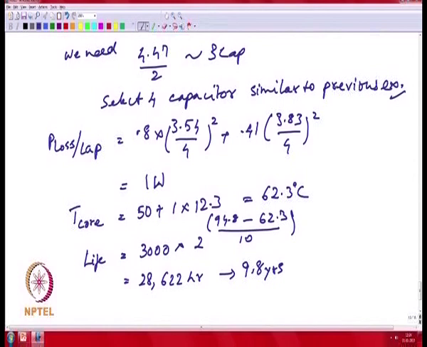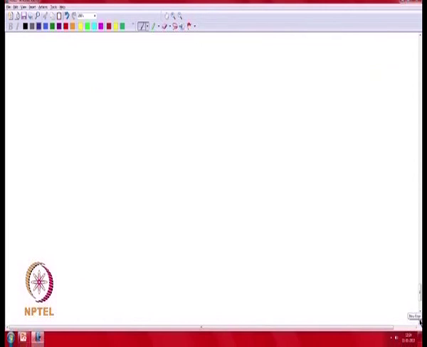We could also calculate the voltage ripple. So your capacitor bank is 4 capacitors in parallel, 150 microfarads. So this is 600 microfarads.